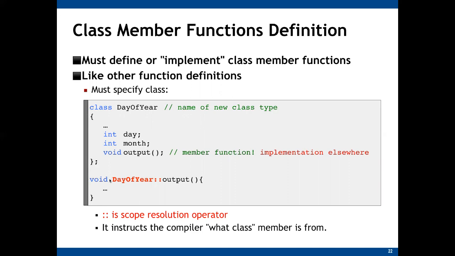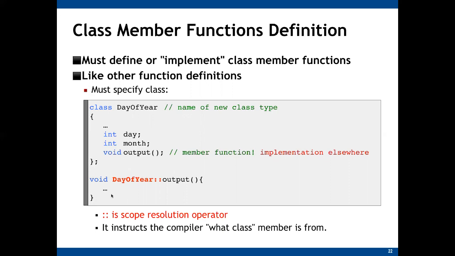This is not part of the function. So we usually put the implementations of member functions, such as output in this example, outside of the class definition like this.